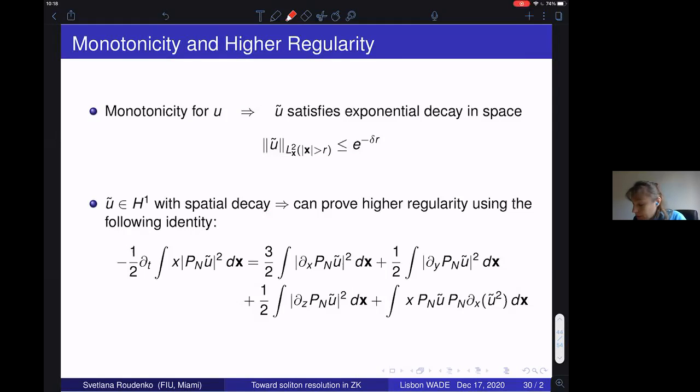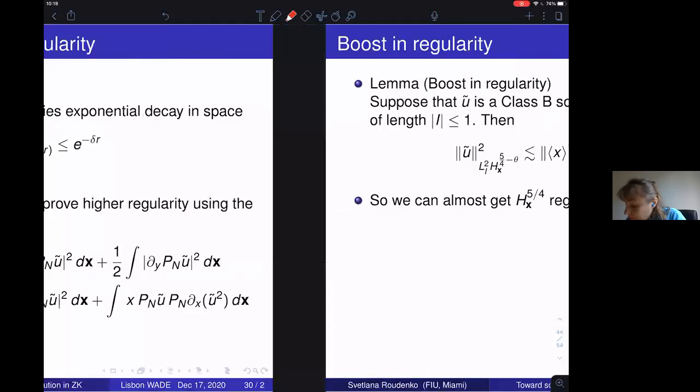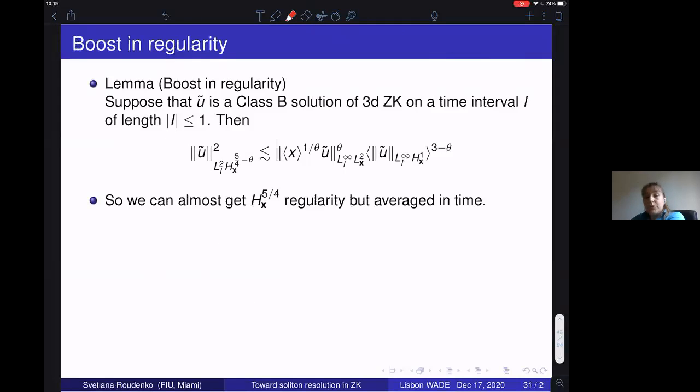One of them, this seems to be new, is when we look at the virial, it's basically just the virial. And we use it for the projection of the ũ. So that works fine, no problem. And what we also use it for is to get the boost in the regularity.